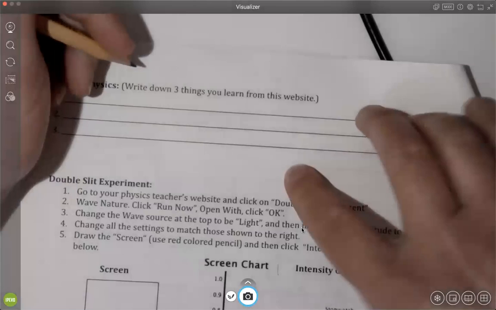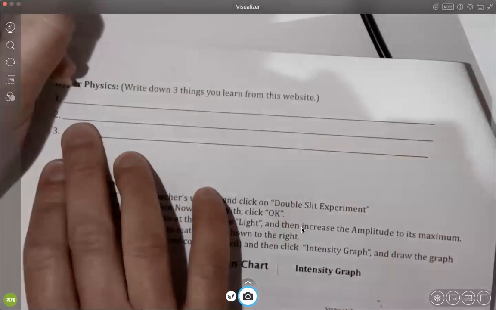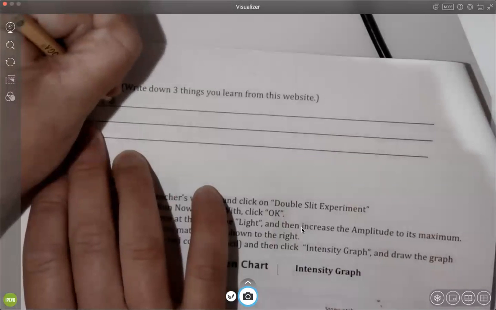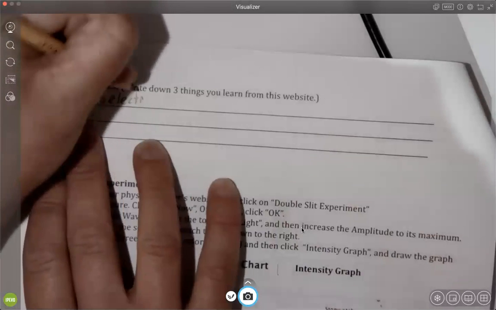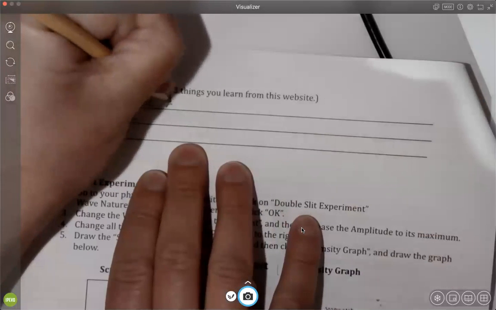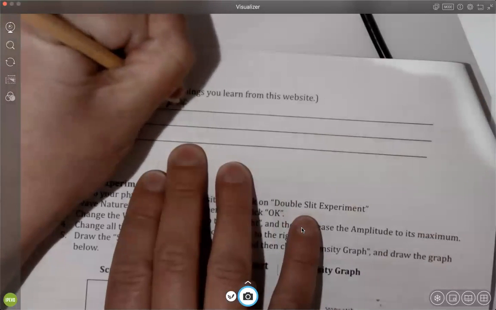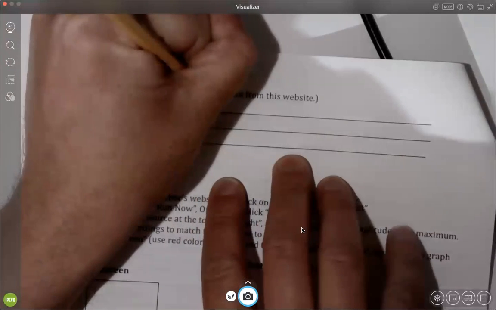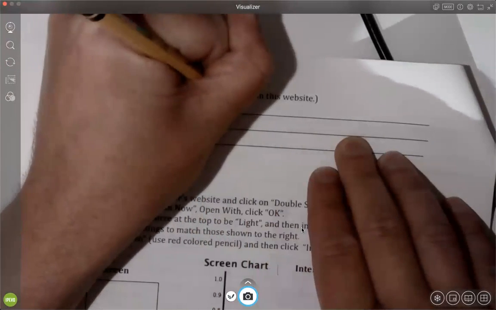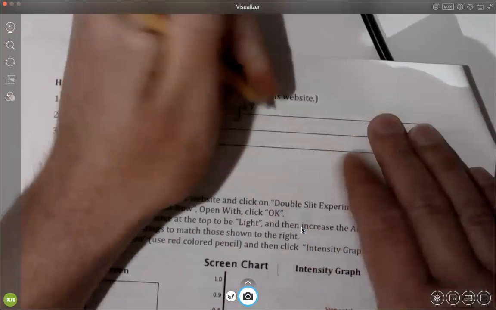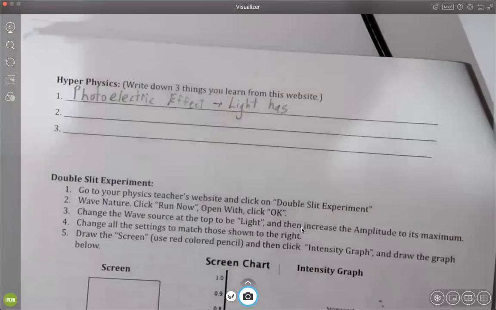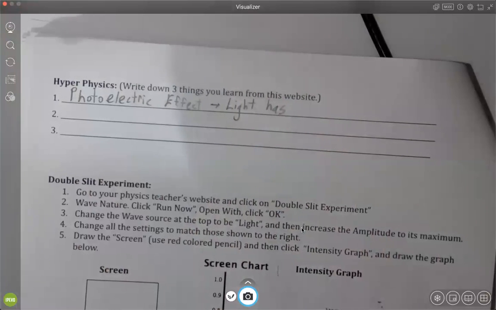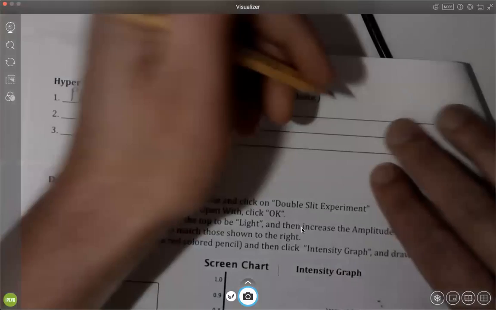Really, what I want us to first get with the photoelectric effect is that light, with this photoelectric effect, light has to be a particle.